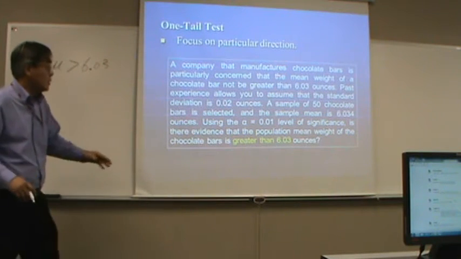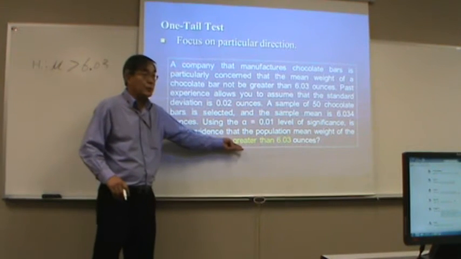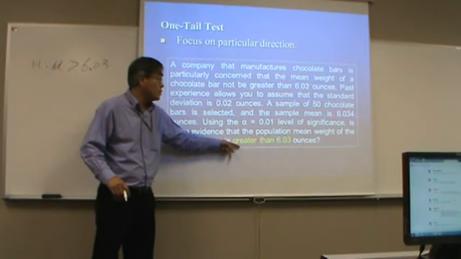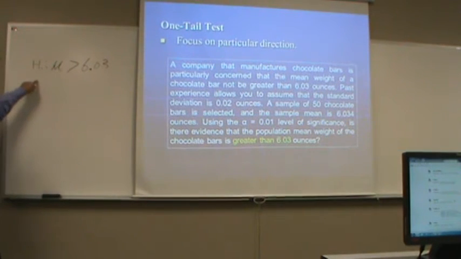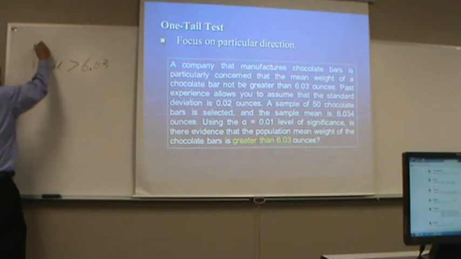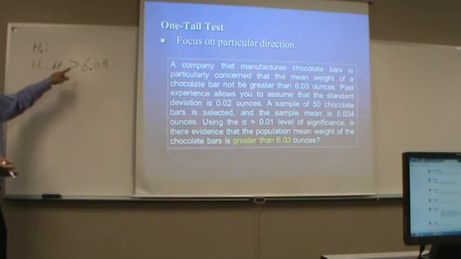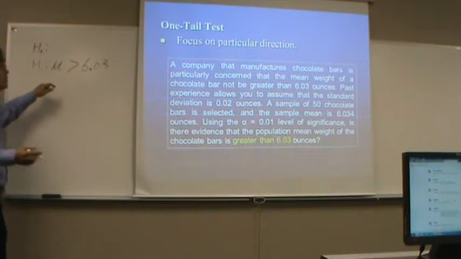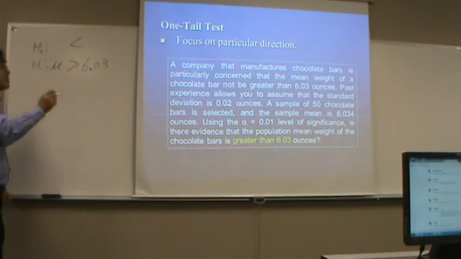So greater than, only greater than, not equal, goes to the alternative hypothesis because there is no equal sign. After that, H0, the null hypothesis, has the equal sign, on the opposite side of the alternative hypothesis: less than, with equal sign.